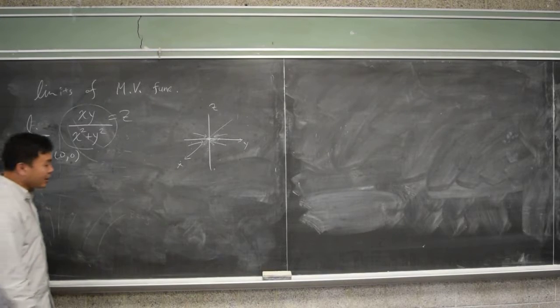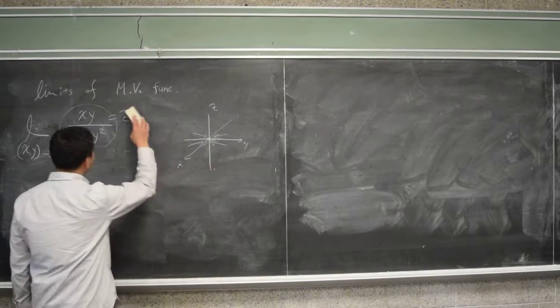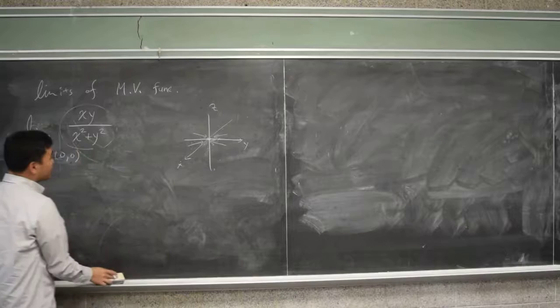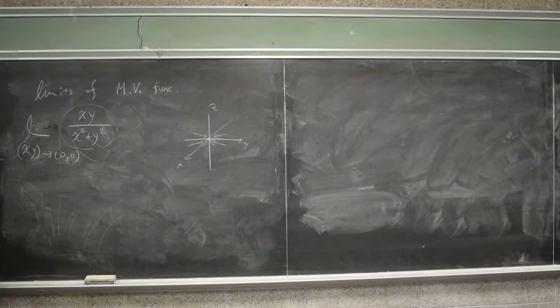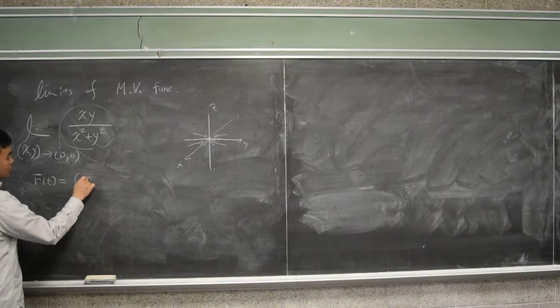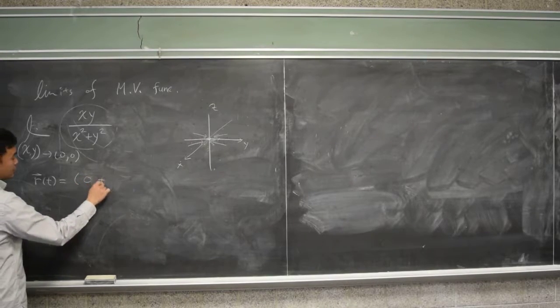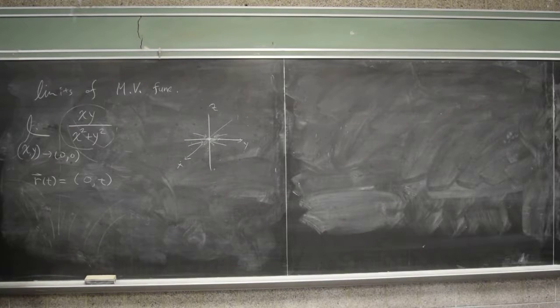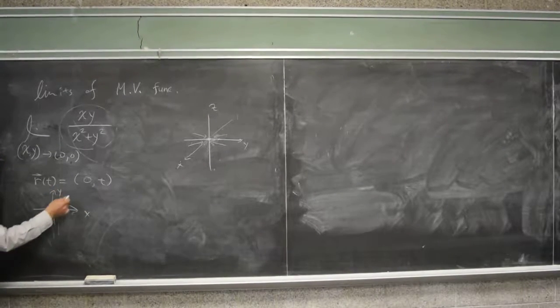Now, the easiest case is when you actually have two directions where the limit is different. So let me show you this case. If I have r of t as 0, t, what's that? That's like on the xy plane, you're always on the y-axis, right?